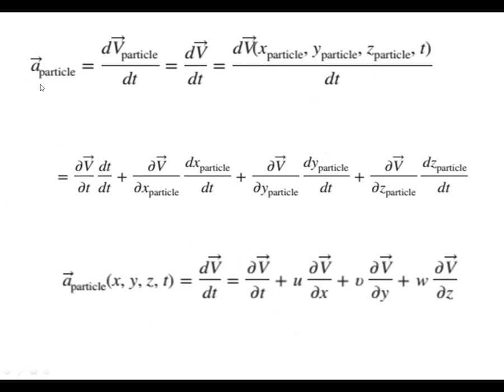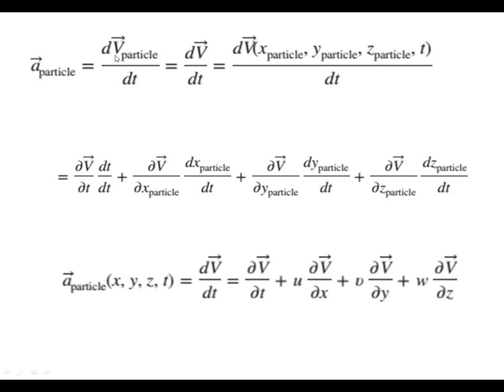So the acceleration of the particle is given by dv vector by dt. The v is a function of x, y, z, and t. So dv is dou v by dou x into dx, plus dou v by dou y into dy, plus dou v by dou z into dz, plus dou v by dou t into dt.